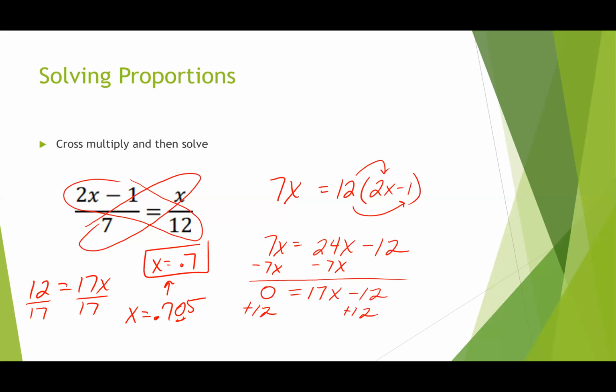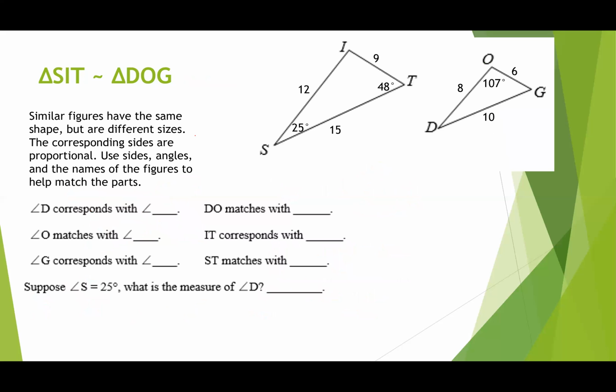So that's solving proportions. Now we're going to talk about similar figures. Similar figures have the same shape, but they're different sizes, and the corresponding sides are proportional. You use the sides, the angles, and the names of the figures to help match the parts.